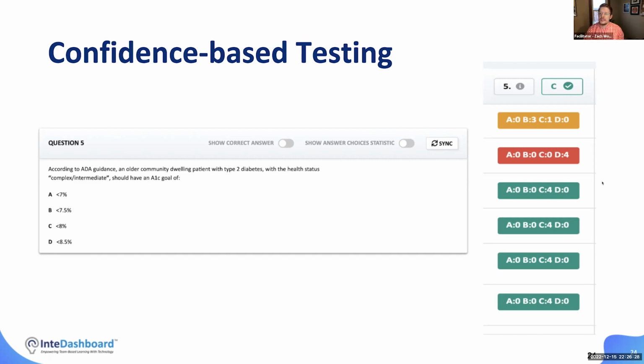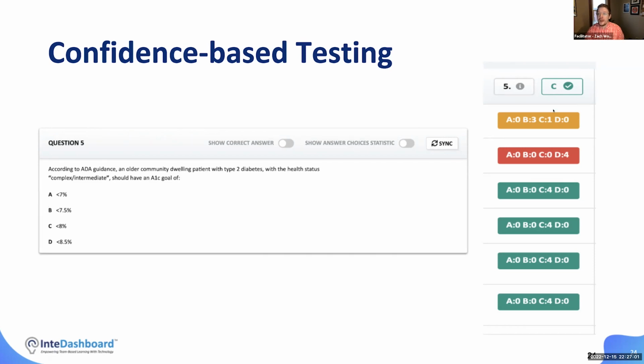And you can actually see on the results on the right, this is what you see on InteDashboard for student performance on question 5, which is this question. You'll see this yellow student, they put 3 points on B, 1 point on C, and the correct answer was C. And so what that shows me is this student kind of thought that they were between 7.5 and 8% for their answers.